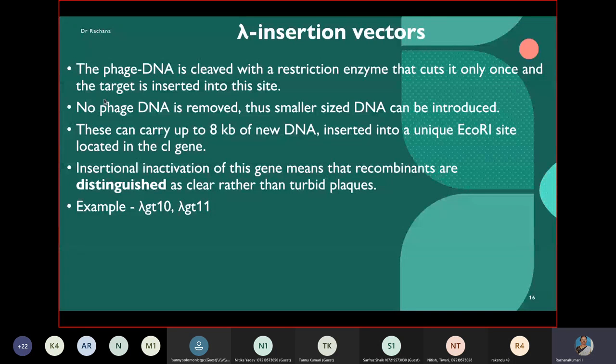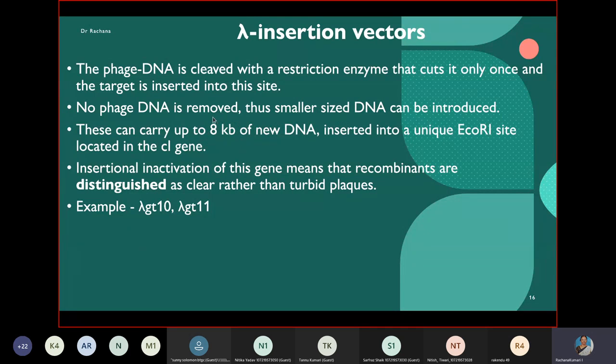However, as I just mentioned, in comparison to the lambda replacement vectors, we cannot plan to insert a large target DNA. Comparatively, it has to be smaller. What is the size? Maximally, we can insert not more than 8 kb.